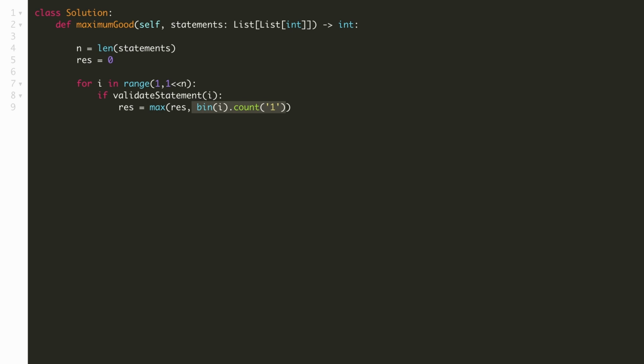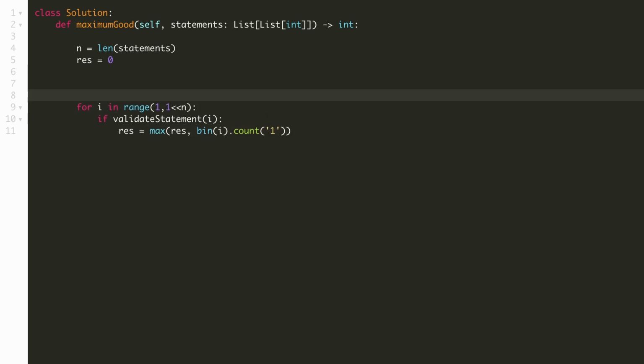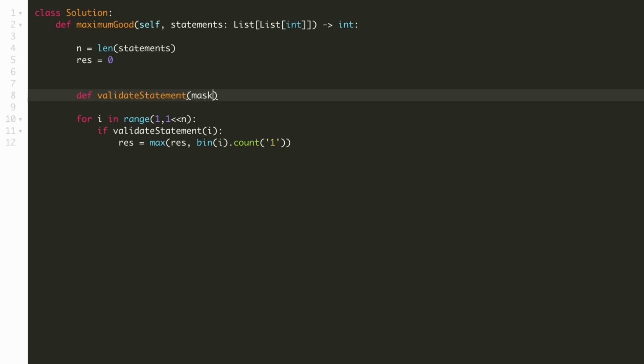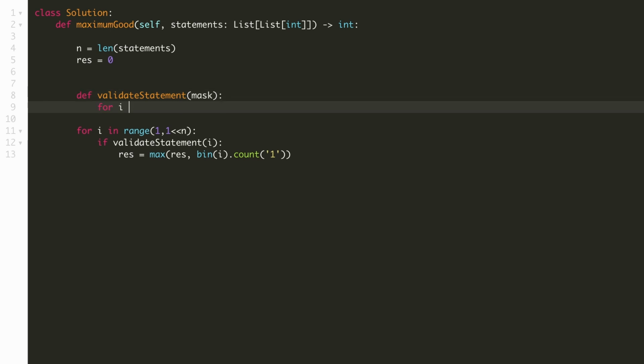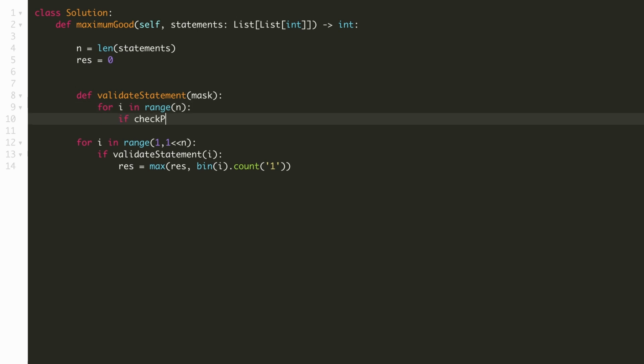Hence, this would give us the number of good people in our mask. And now let's write our helper function. We receive the mask variable inside it. And now we have to find all the good people in our mask.